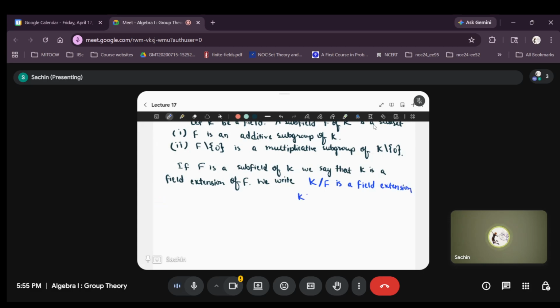Or you can also write K superset of F, or F is a subset of K, or K with a dash and F is a field extension.